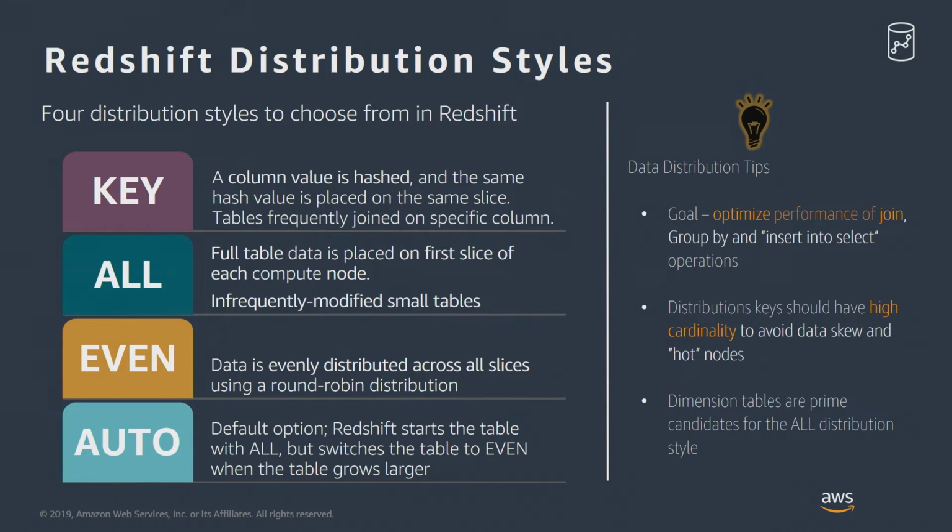The last option is AUTO, a recently introduced feature. When you define the distribution style as AUTO and create a table, it starts with ALL distribution in the beginning, and as the table grows, it is automatically converted to EVEN distribution.